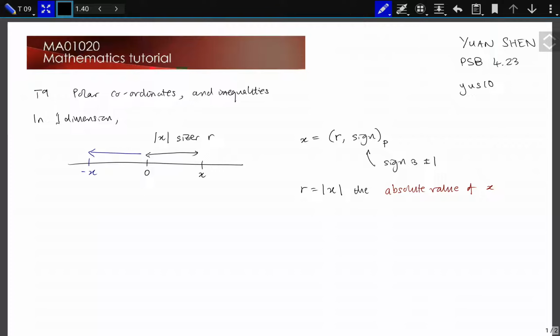It's also known as the size, or modulus. Lots of names. More accurately, more mathematically, the size of x is equal to x if x is greater or equal to 0, or minus x if x is less or equal to 0.